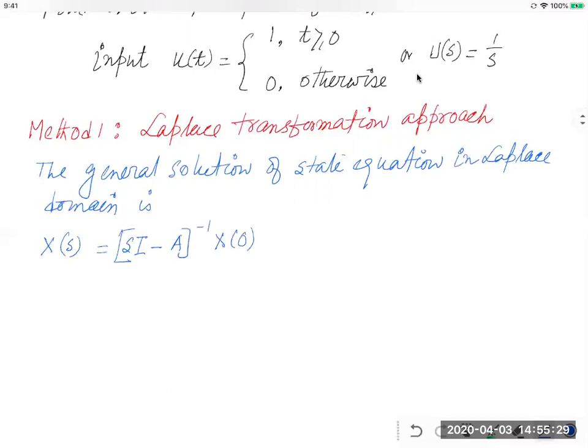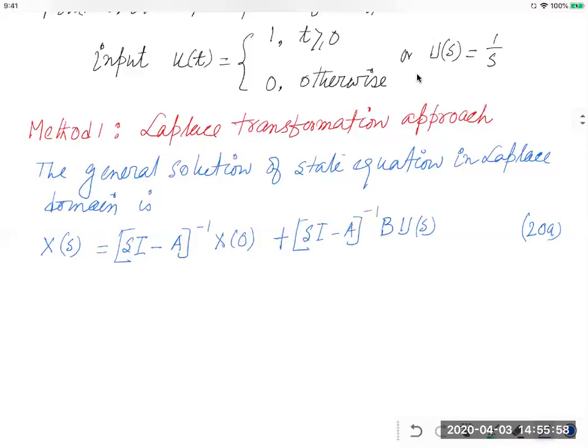This is the 0 input response. Plus (sI minus A) inverse times B times U(s). This is the 0 state response. So the combination of 0 input response and 0 state response is the total response of the system.